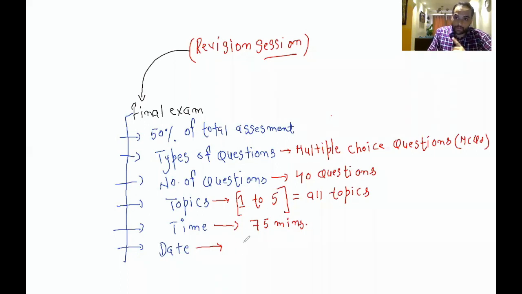One is 30th May or 1st of June, right? I think 30th of May is Saturday, and 1st of June is Monday, all right?